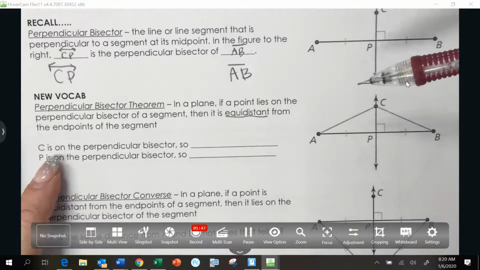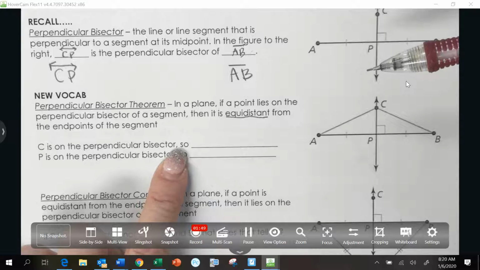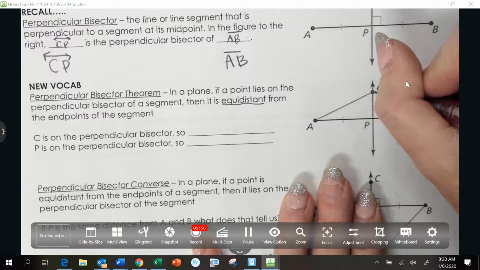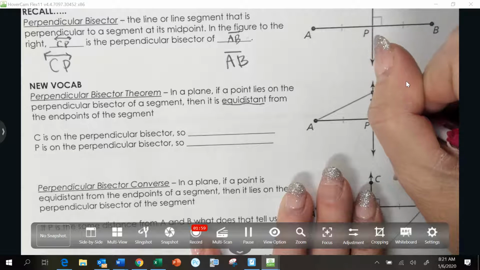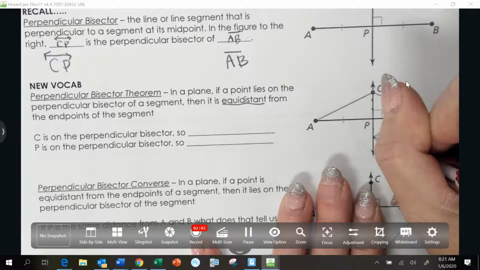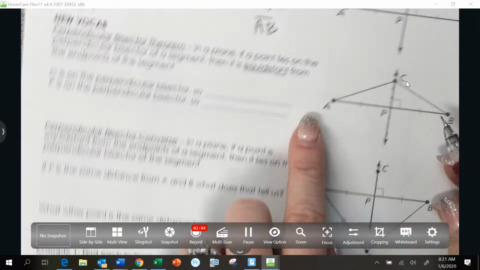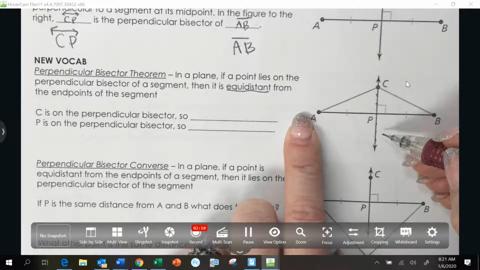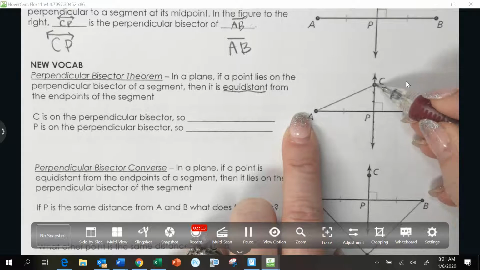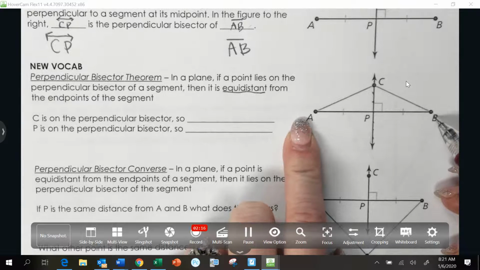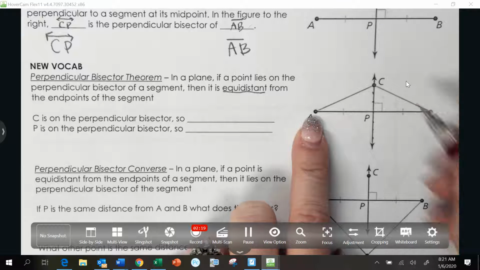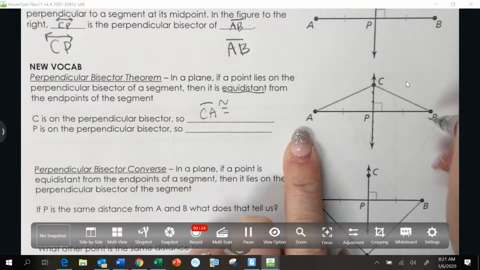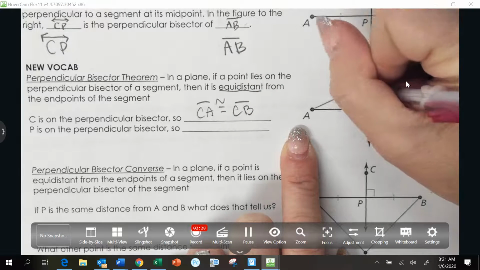So any point on this perpendicular bisector is going to be the same distance to A and to B. If C is on the perpendicular bisector, it's equidistant to these endpoints, so CA is congruent to CB. And we'll mark that in the picture.